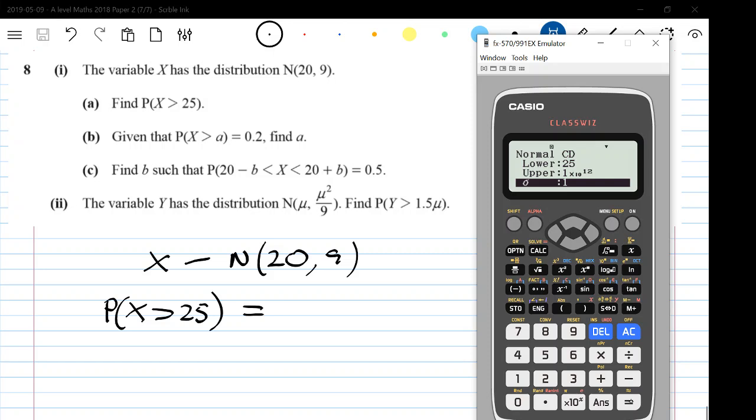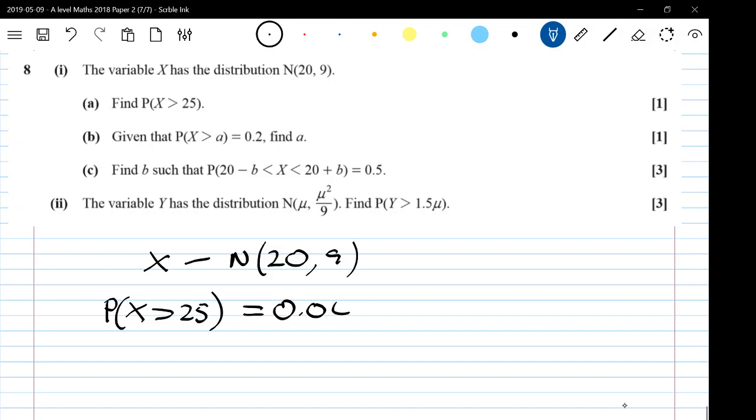Sigma is going to be 3, and mu is 20, and if we press equals, we get an answer, 0.0478. 1 mark, because we're just doing it on the calculator.